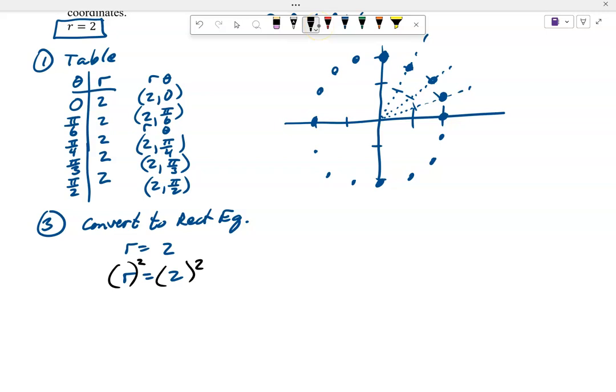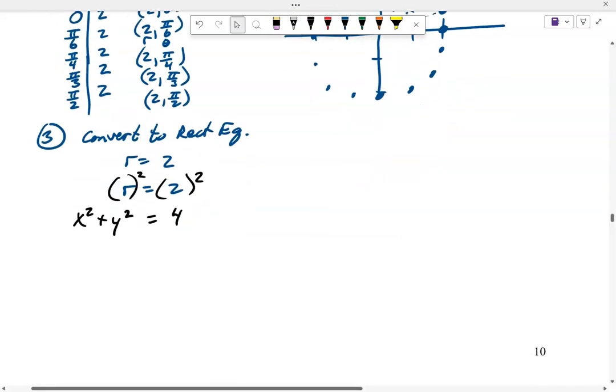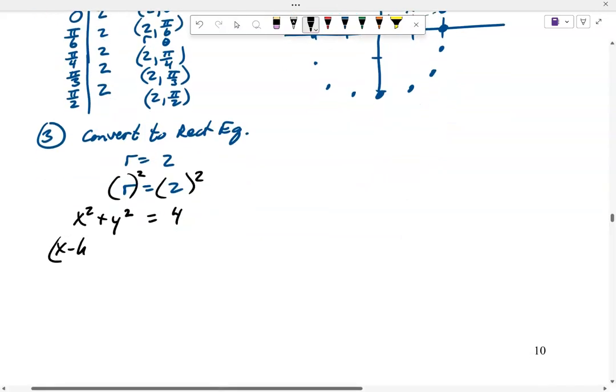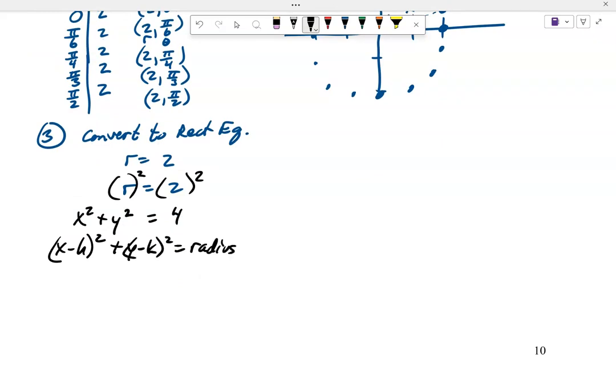So I have r squared, and I know r squared is x squared plus y squared equals 4. And so this is the equation. Let me write the standard form for the equation of a circle. So I have a center (h, k). My center is at (0, 0). My radius, since radius squared is 4, my radius must be 2. So I have a circle with radius 2.